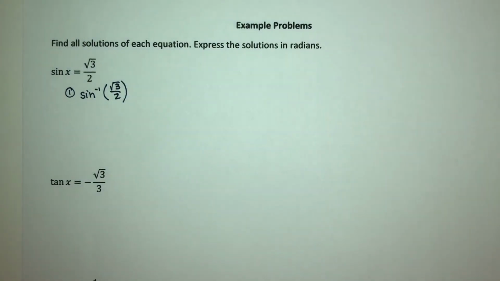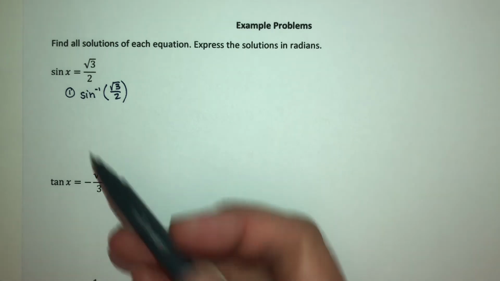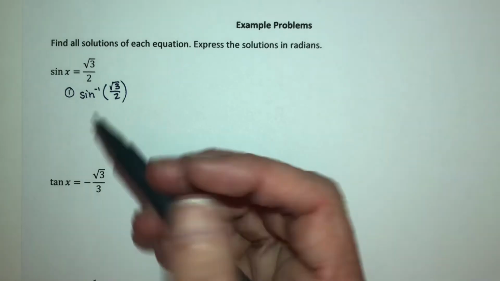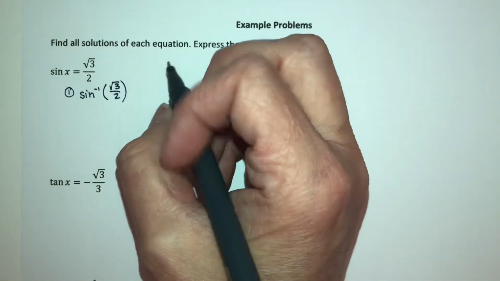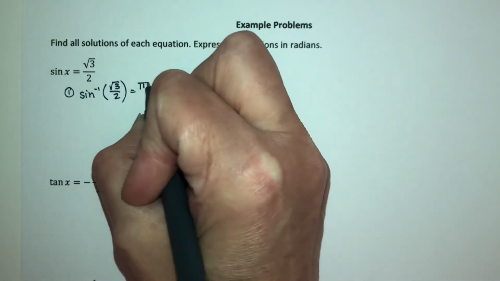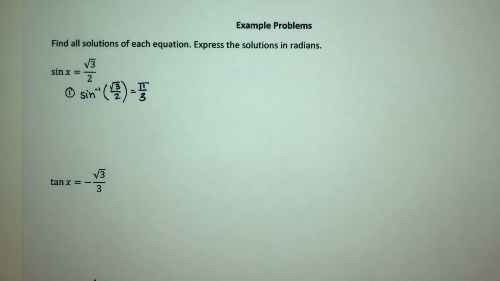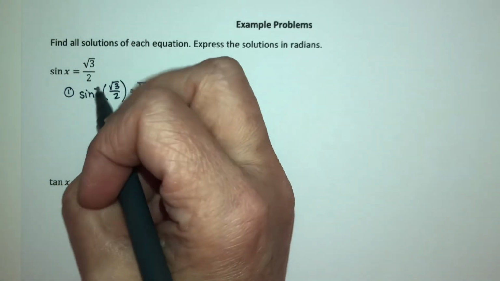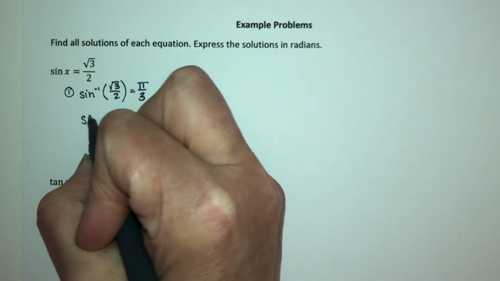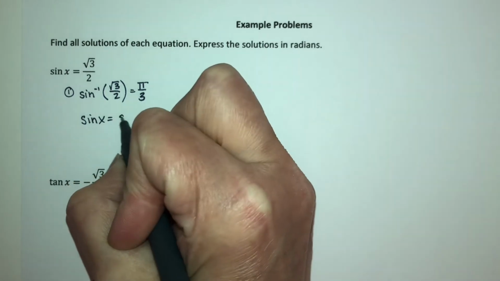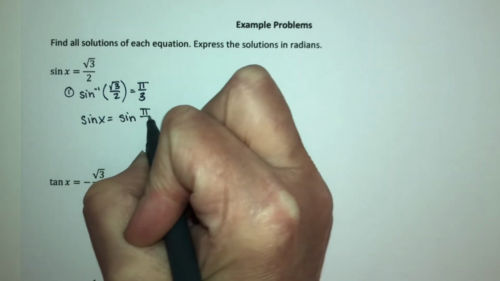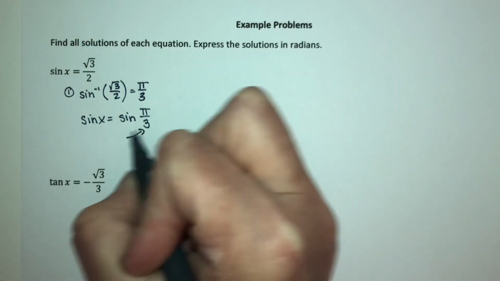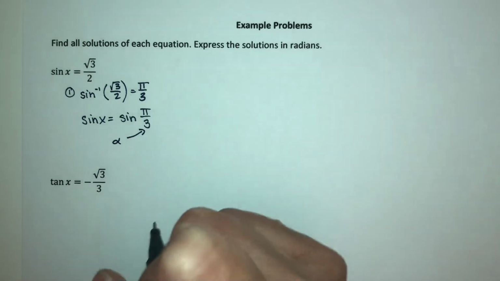That will give me one angle that has sine of that angle being square root 3 over 2. If you find inverse sine here, you get pi over 3. So what this tells me is that sine of x is equal to sine of pi over 3. That tells me that I can use pi over 3 as my alpha variable.